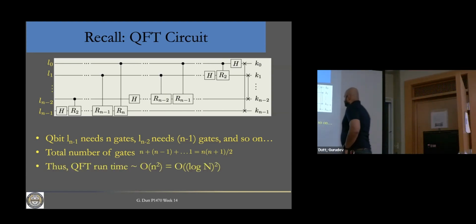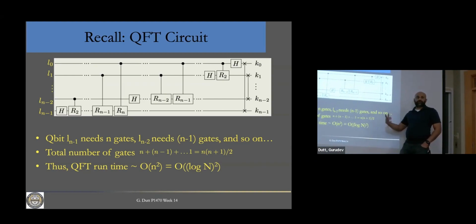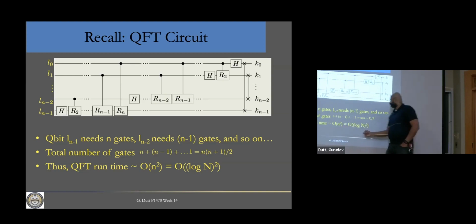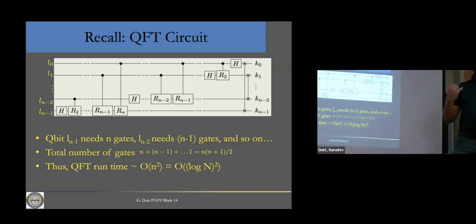All right, and then the QFT runtime is just this, n times n plus 1 over 2, which is order n squared. Remember, n is the number of qubits, which is the logarithm of capital N. The Fourier transform runs over all the numbers, say like a C major chord, all the samples in that, which were digitized into an n-bit string, and therefore that is log N the whole squared. And this is what I promised the QFT will do.